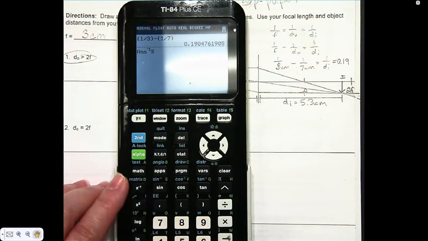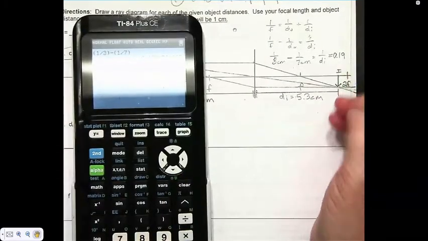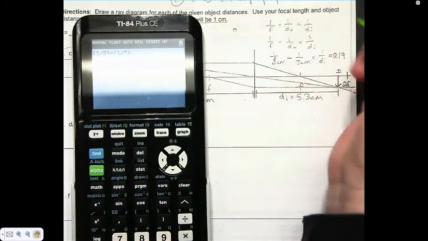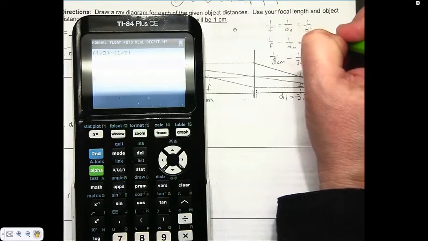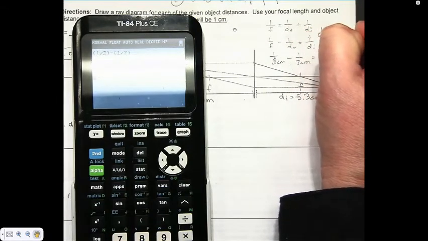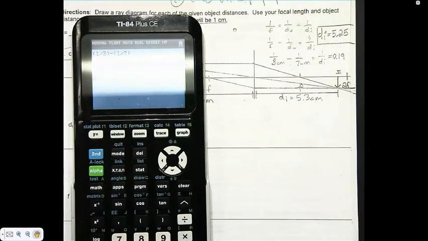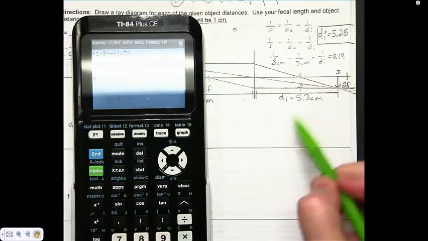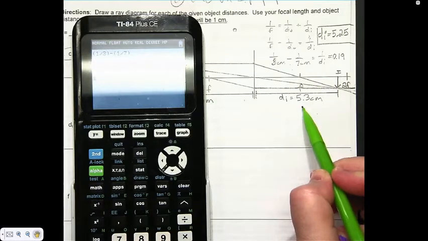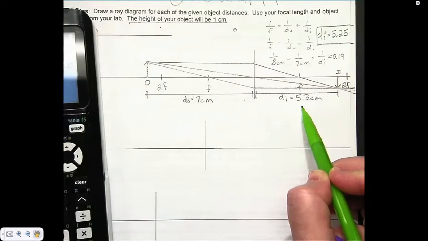If I click on that, it tells me that my accepted value for image distance, what I calculated, is 5.25. My experimental is 5.3, so I was pretty close, but am I within 10%?